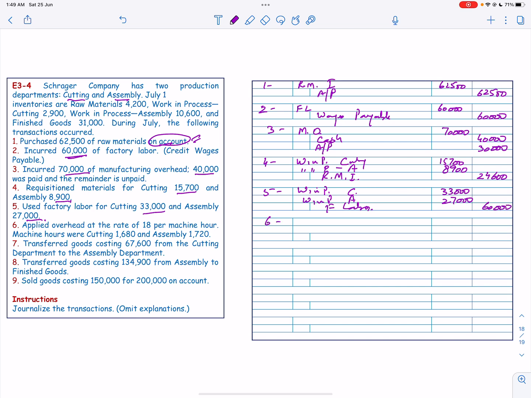We go to number 6, applied overhead at the rate of 18 per machine hour.